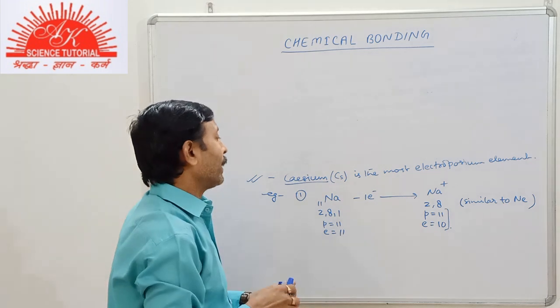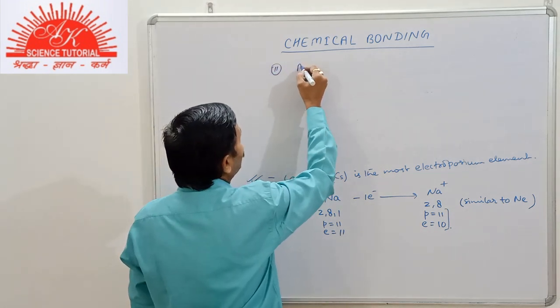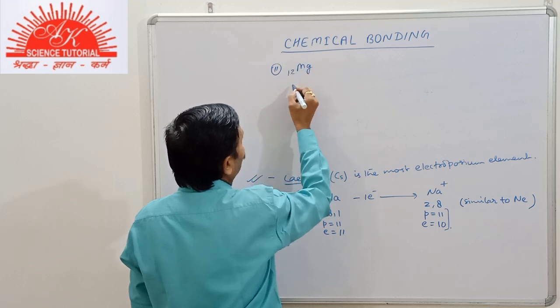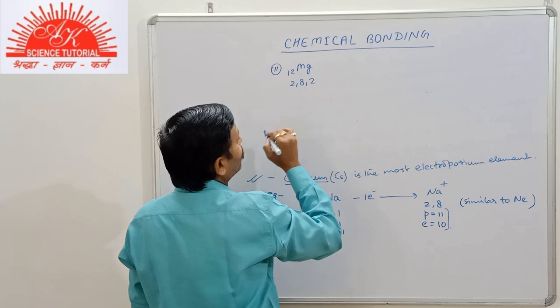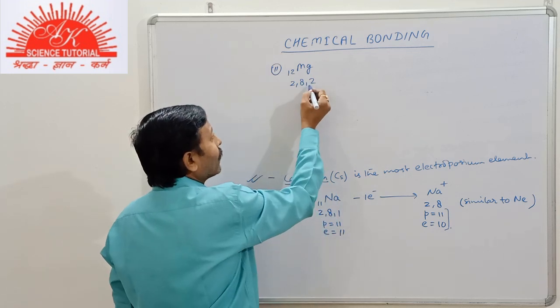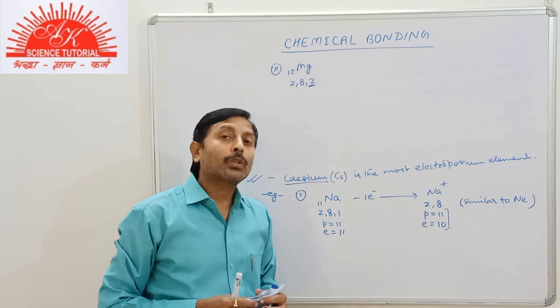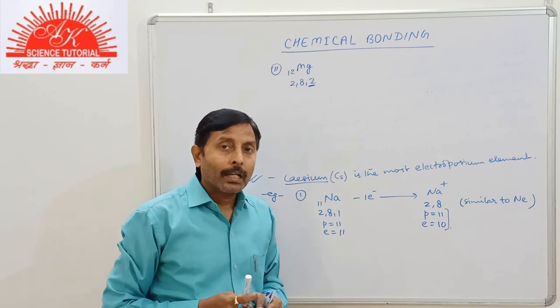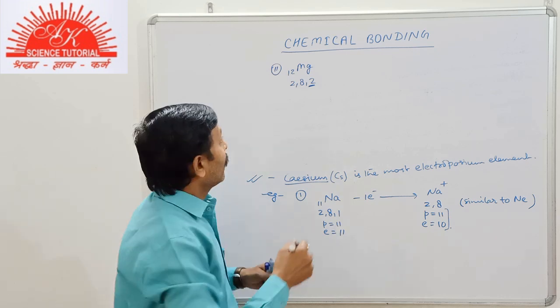Now suppose we take one more example. Suppose we have magnesium, atomic number 12. Its electronic configuration is 2,8,2. Again you can see that it has 2 valence electrons, so it will lose 2 valence electrons to acquire 2 positive charges.